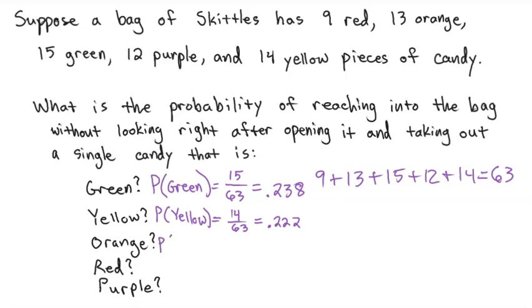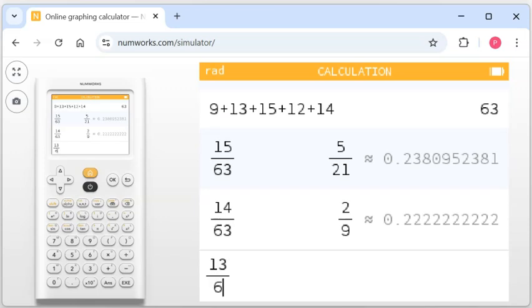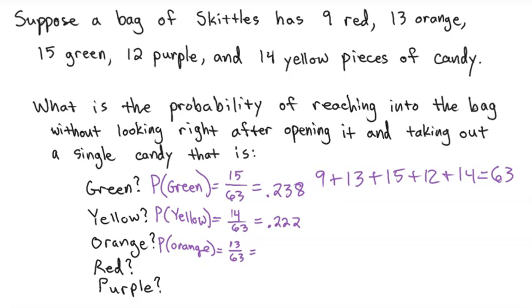How about the probability of getting an orange candy? There's 13 orange in this bag, so we're going to say 13 divided by 63, and that is 0.206.